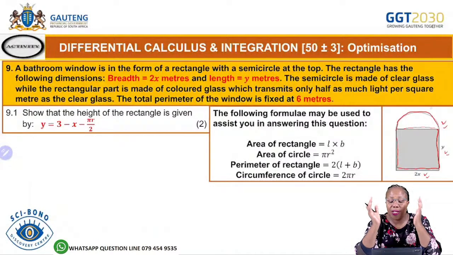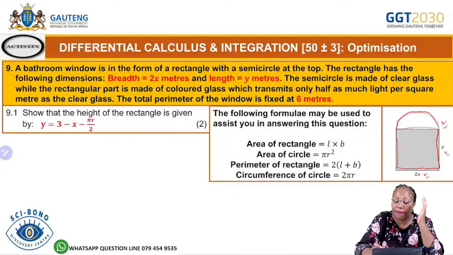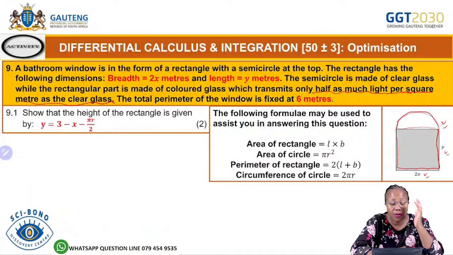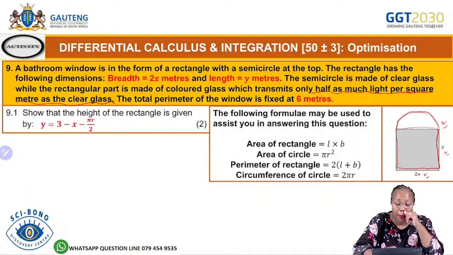And then this window is transmitting only half as much light per square meter as the clear glass. This rectangular part transmits half as much light as the clear glass.